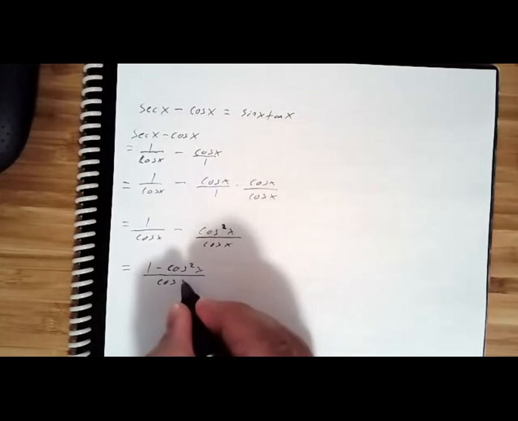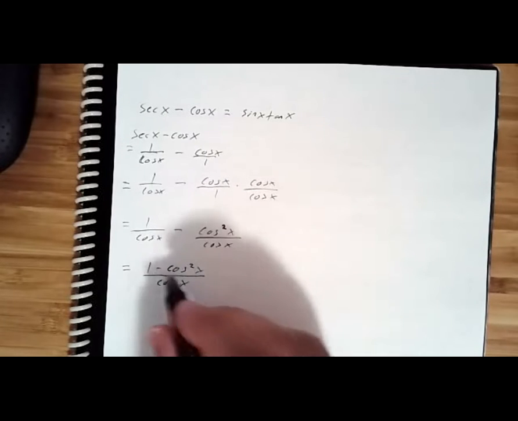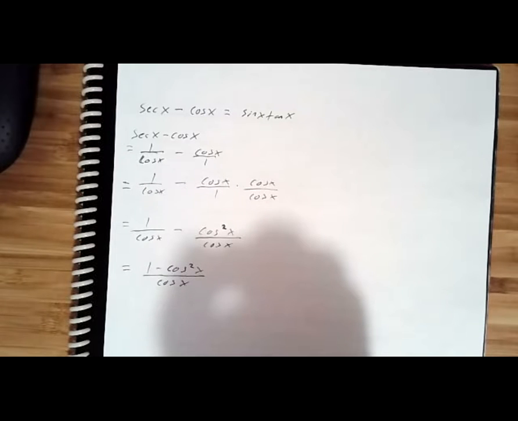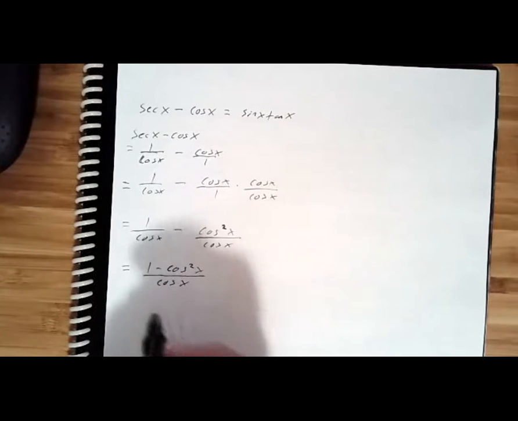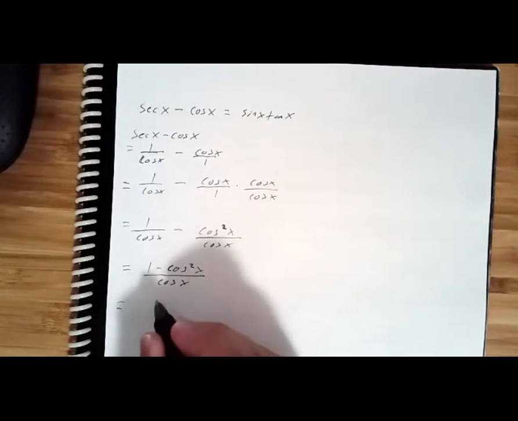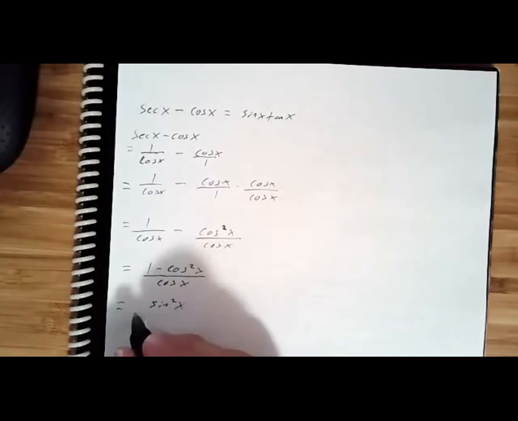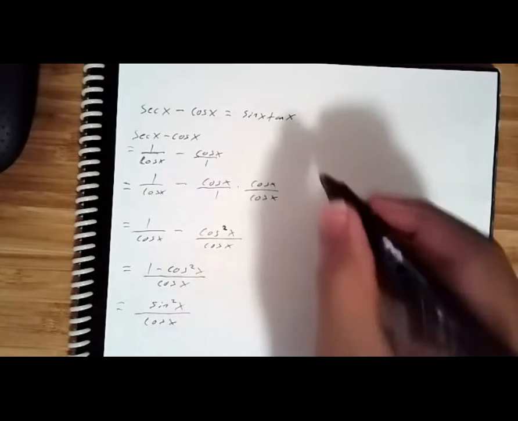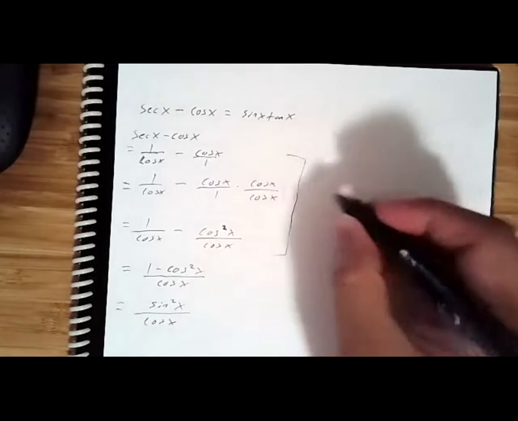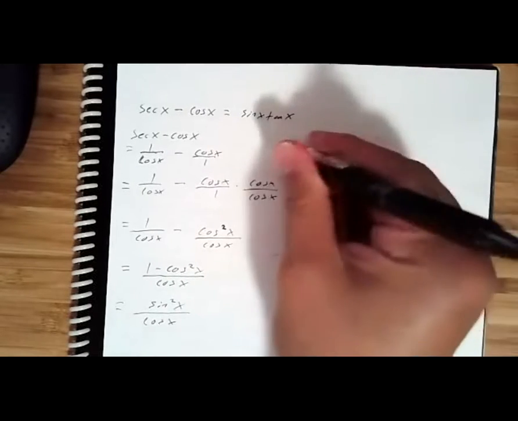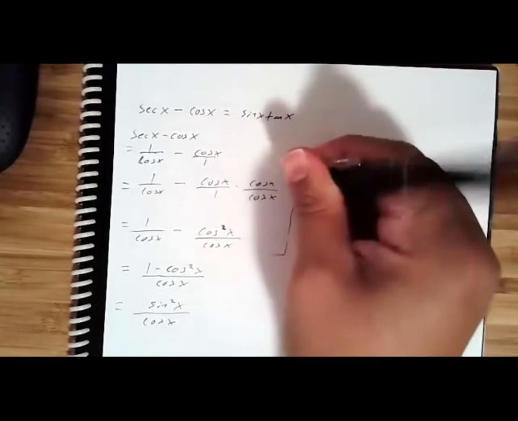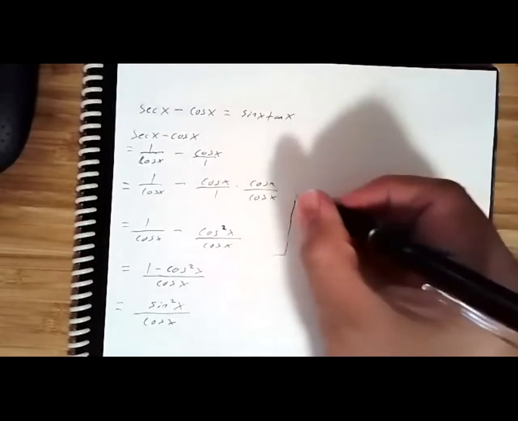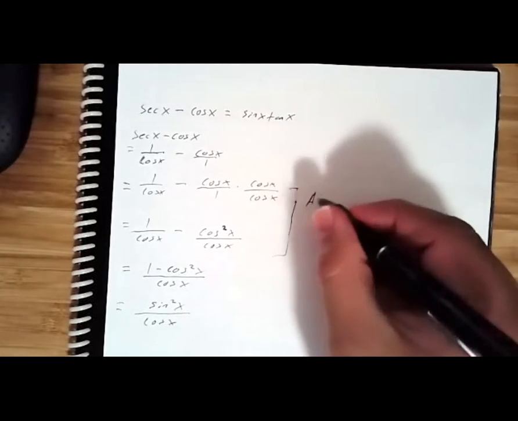So now we have 1 minus cosine squared over cosine. And 1 minus cosine squared is sine squared, isn't it? Yeah. From here to here, we added fractions.